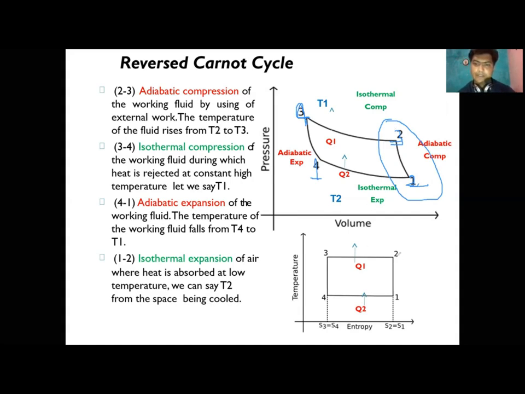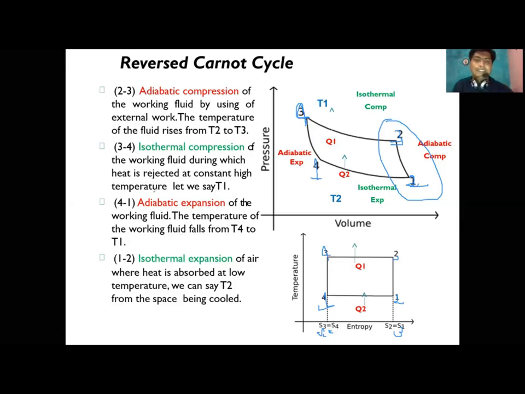In the TS diagram, temperature increases and entropy is constant, S1 equals S2. There are also changes here: this is 3, 2, 1. S2 equals S3, and S4 equals S1.